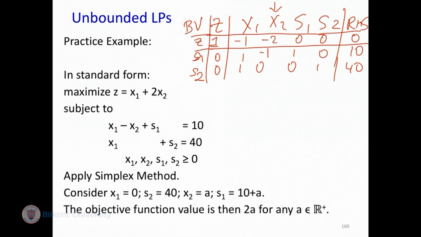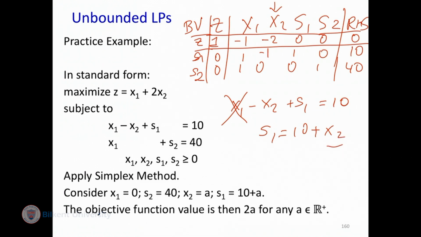Let's look at the first equation. I have x1 minus x2 plus s1 equals 10. x1 is going to remain non-basic, so I can forget about it. I ask the question, how much can x2 go up without hurting the non-negativity of s1? But s1 is simply 10 plus x2.